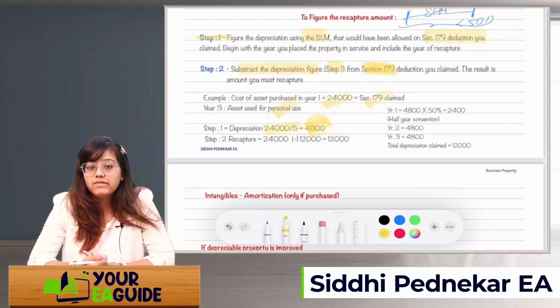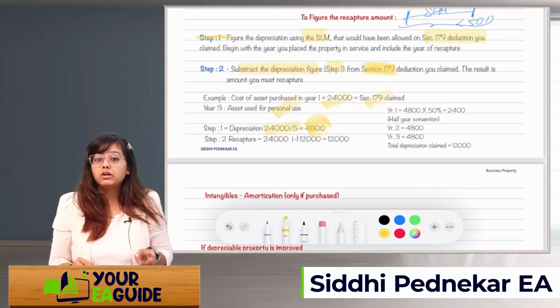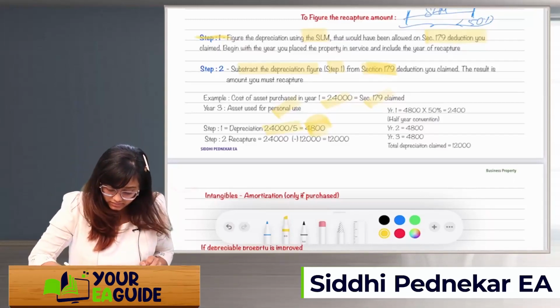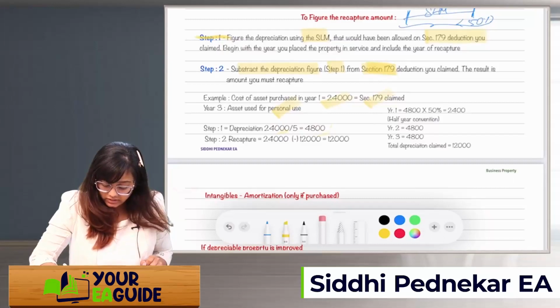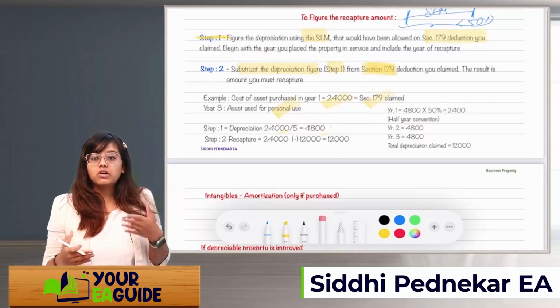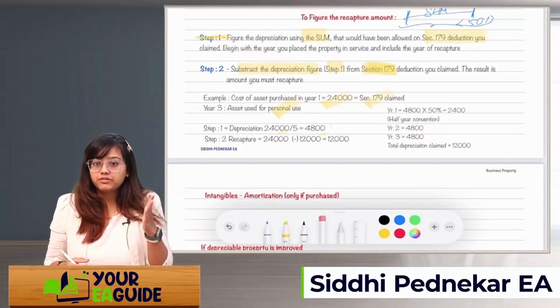So how much will I recapture? I am using it for personal use in the 3rd year. So 4,800 is my SLM amount, right?